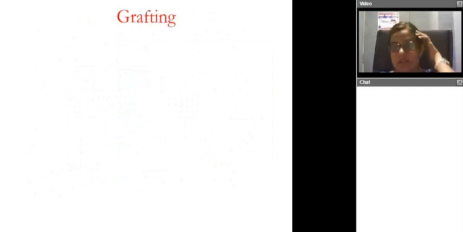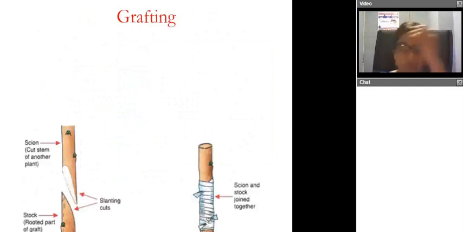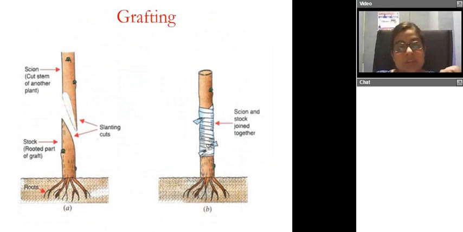Next is the process of grafting. Grafting is basically mounting one plant over another. Two types of plants are used in this: the stock and the scion. Stock is basically the base plant, right? It is the rooted part of the graft.